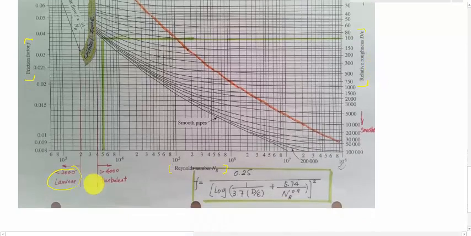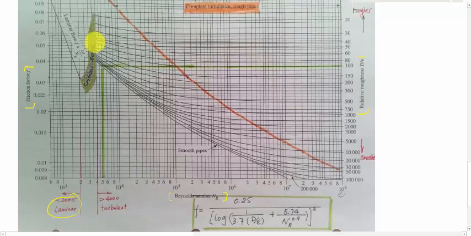Okay, so when Reynolds number gets into the range between 2000 and 4000, you're going to see something called a critical zone. And in this critical zone, you cannot even see any curves or lines on this Moody diagram.